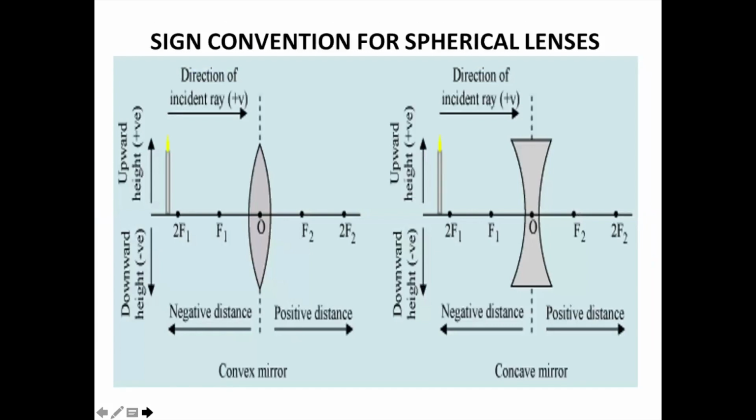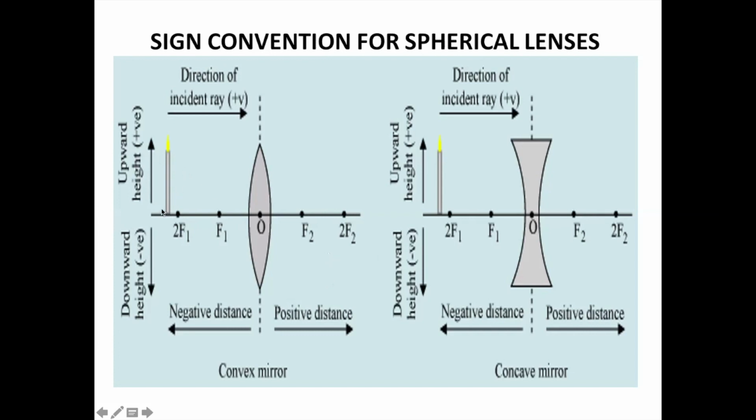There are sign conventions for spherical lenses also. This is the direction of the incident ray. The direction of the incident ray is always taken as positive. If the distance is measured from the optical center towards the object, the object distance is always negative. If the image is formed on this side, in the direction of the incident ray, then the distance is always taken as positive.